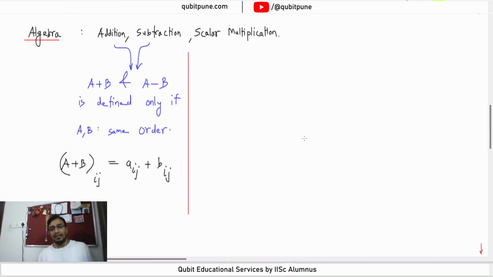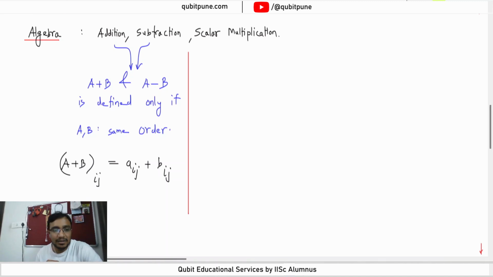Scalar multiplication, is everybody aware of scalar multiplication, multiplying a matrix by a scalar? Yes? Okay. Can anyone give me an example where we use scalar multiplication in some formula? Not as a numerical example.